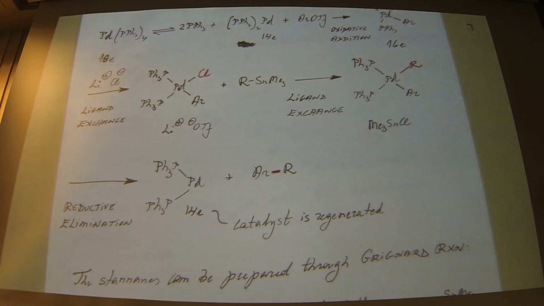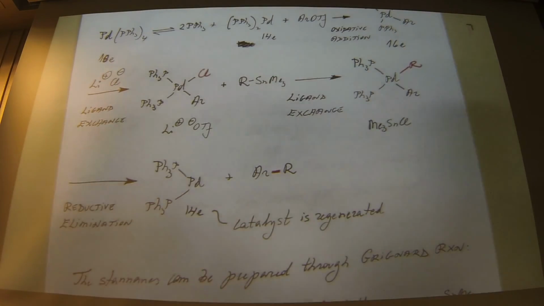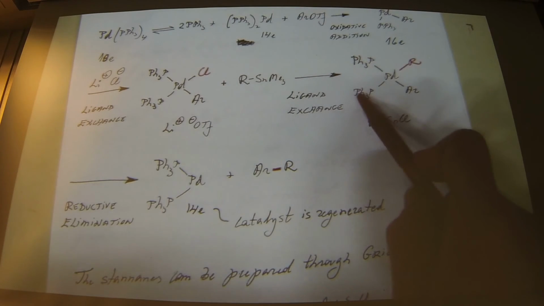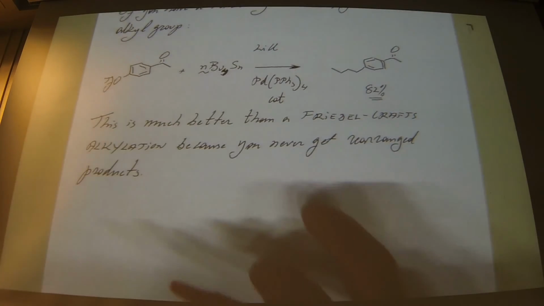So the question is, how do we know when it's going to be a problem and when it's not? And it turns out that's a hard question, but you can sometimes play with the ligands. If you use different kinds of ligands here, you can slow down the beta hydride elimination. So there's a way to control that, but it's sometimes not easy.